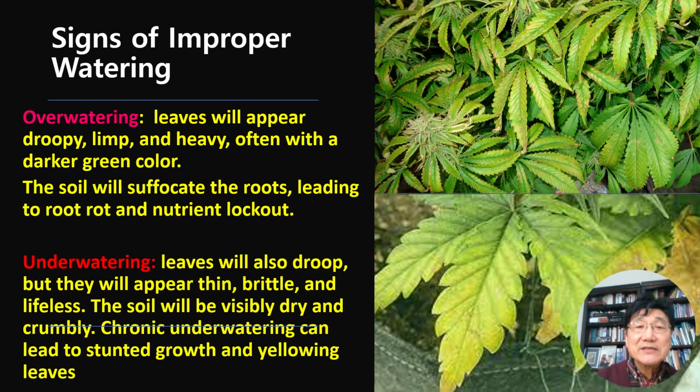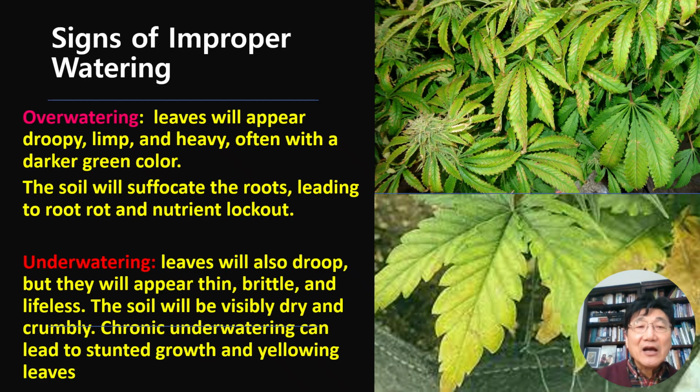However, when plants are underwatered, the leaves will also droop, but they will appear thin, brittle, and lifeless. The soil will be visibly dry and crumbly. If caught early, a good watering can quickly revive the plants.